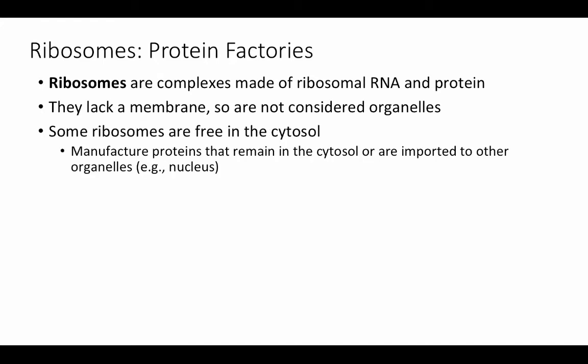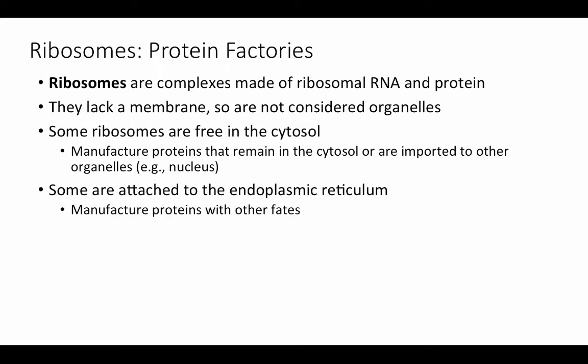Some of the ribosomes are just freely floating in the cytoplasm or the cytosol, and these free ribosomes are going to manufacture proteins that are intended to be just distributed throughout the cytoplasm or that need to go to other organelles. So things that are going to stay close by or just be diffused throughout the cytoplasm.